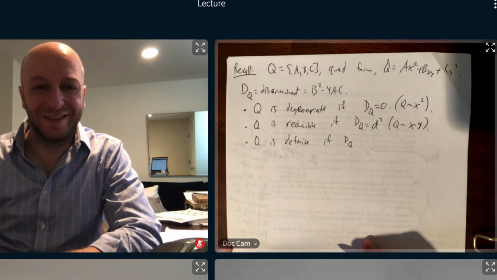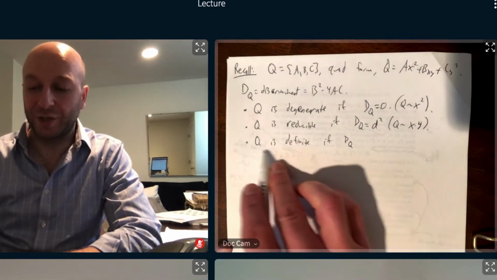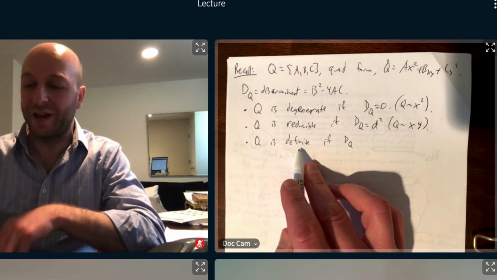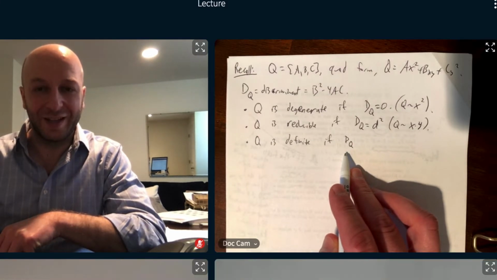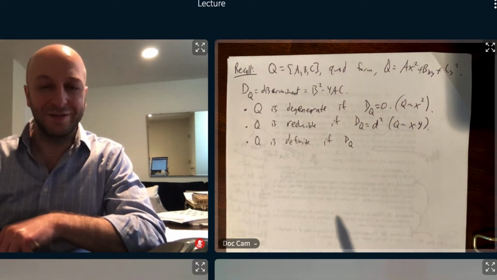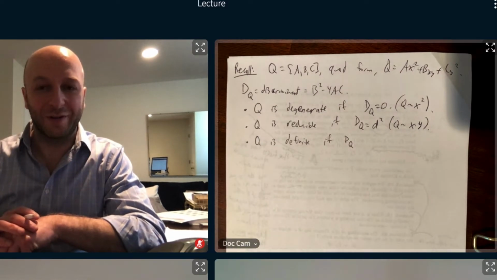It's definite either if it only takes positive values or it only takes negative values. How can we tell that that's the case? What's an easy way to tell? You compare it to the quadratic polynomial, which makes a parabola, either a face-up parabola or a face-down parabola.